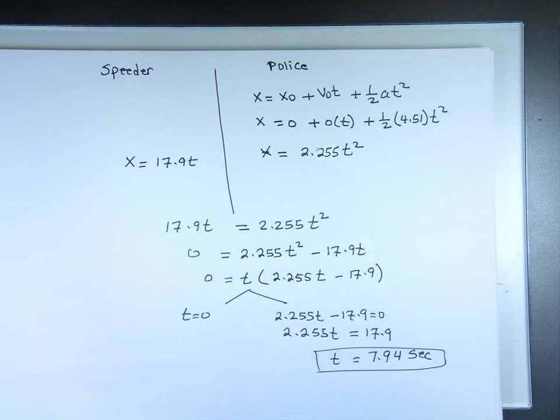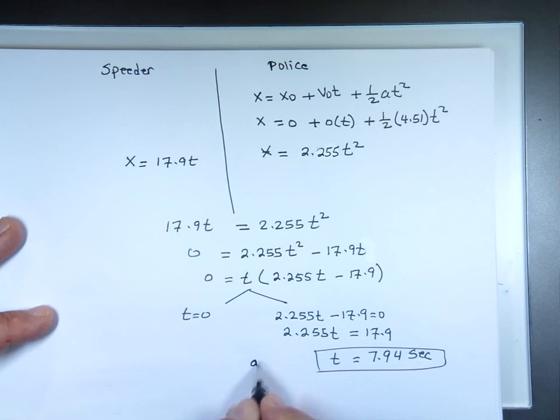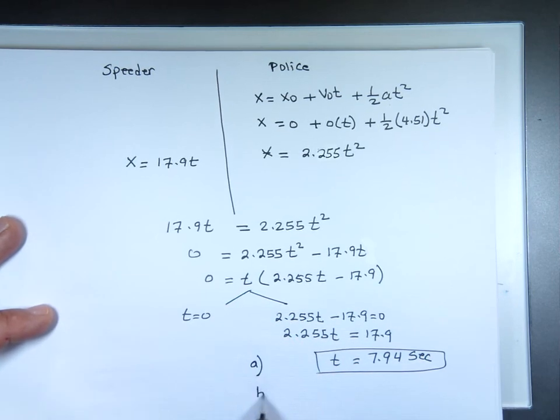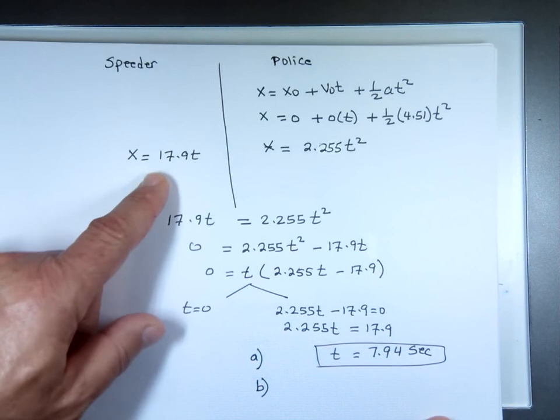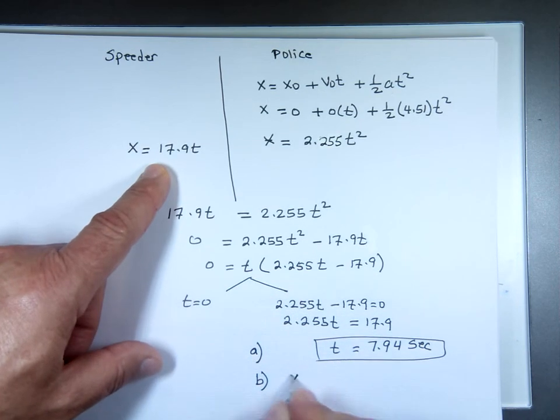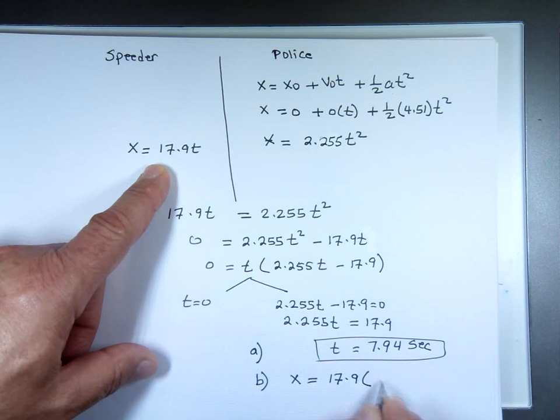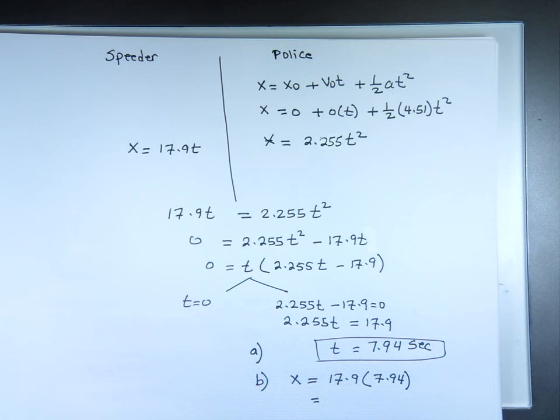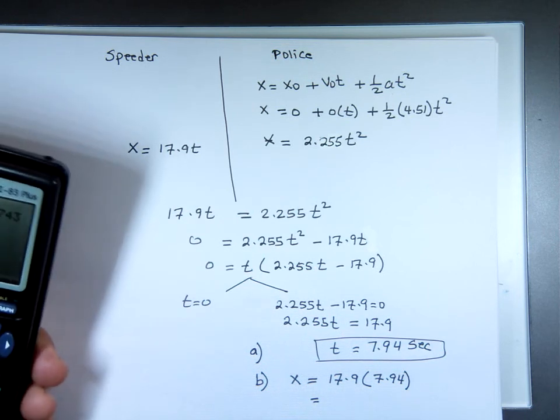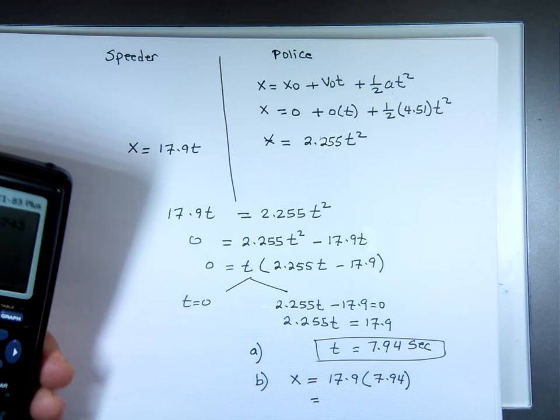That's part A. Part B is the distance. How far did it go? I can use either equation. I can say x equals 17.9 times t. 142 meters.